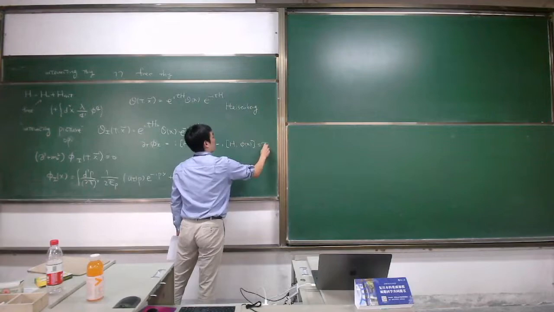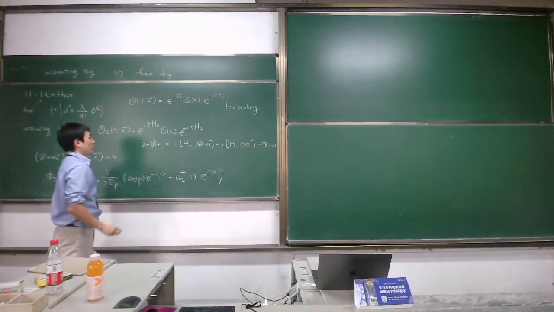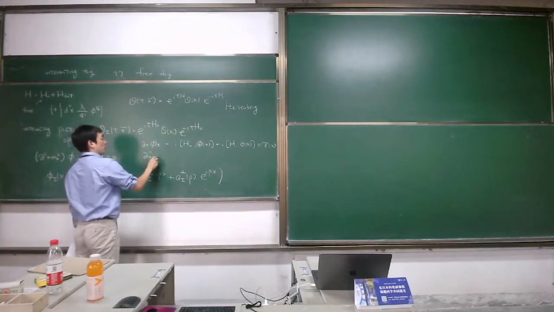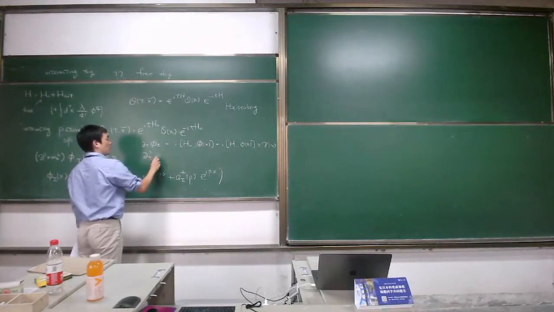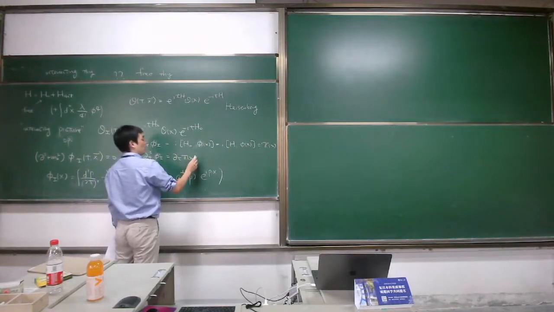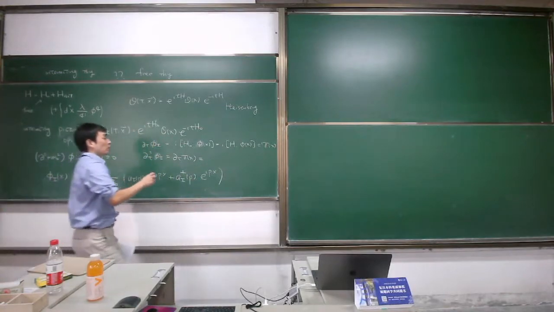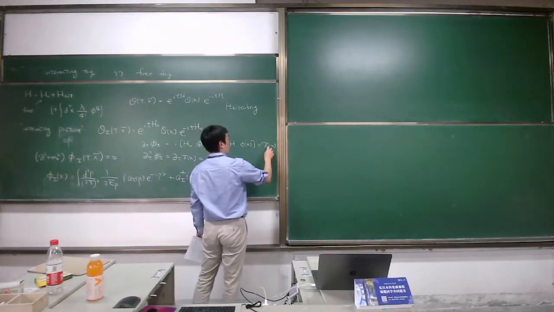So this is by definition pi of x. And then you can act again with the time derivative: the second derivative of phi_I is the time derivative of pi of x, and this is again i, of course.